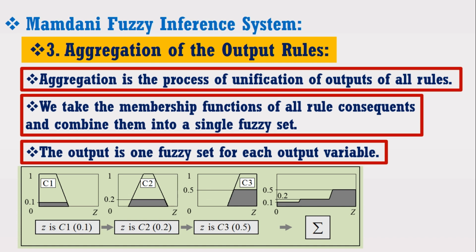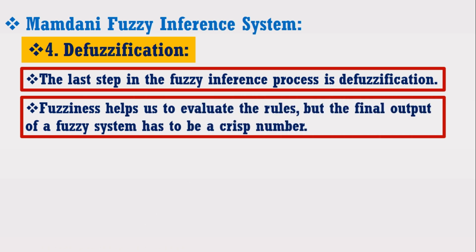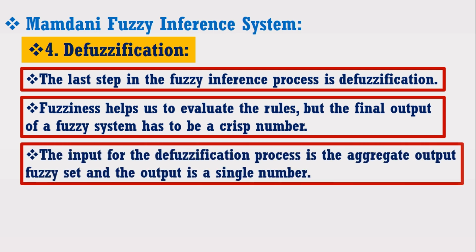Now we have to obtain the single output by using defuzzification, which is the last step in the fuzzy inference process. The fuzziness helps us to evaluate the rules, but the final output of a fuzzy system has to be a crisp number. The input for the defuzzification process is the aggregate output fuzzy set and the output is a single number.